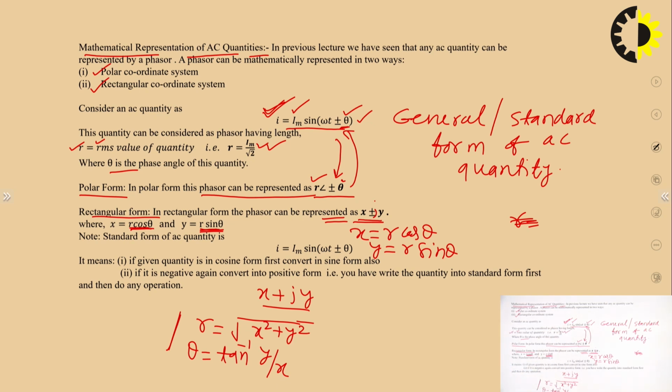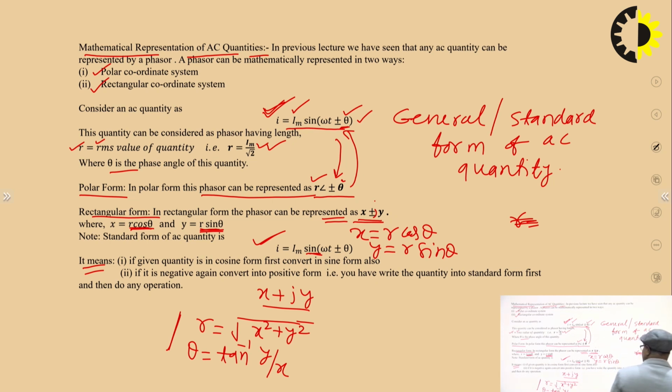Before doing any operation on the AC quantity, first convert that quantity into standard or general form. It means if your quantity is given in cosine form, convert it into equivalent sinusoidal form, and if the sign is negative, make it positive.